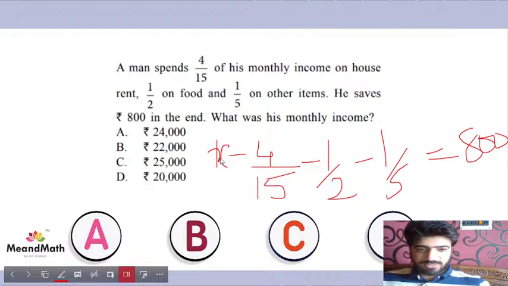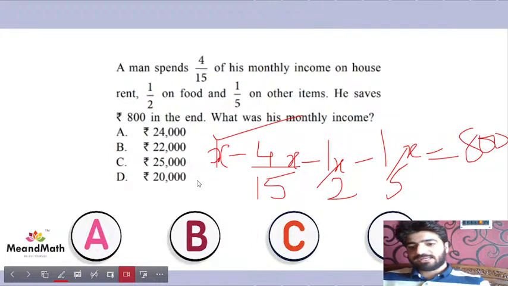Then you can write x minus 4 by 15 of x, then minus 1 by 2 of x, minus 1 by 5 of x is equal to 800. And if you find the value of x, you will be able to find the income. Or you can even find the fraction 1 minus, and that will also give you the answer.